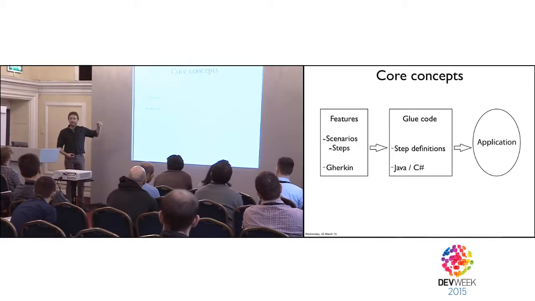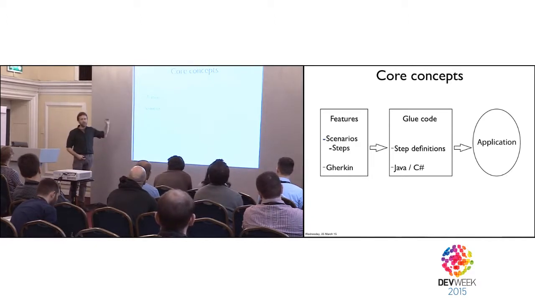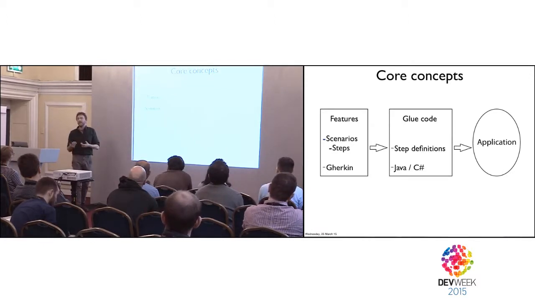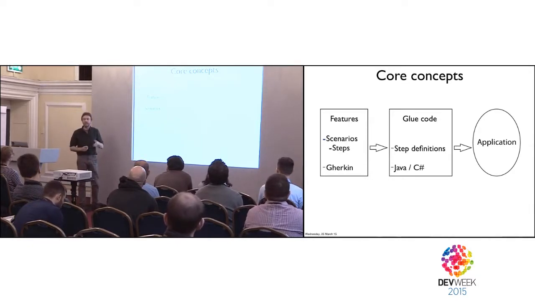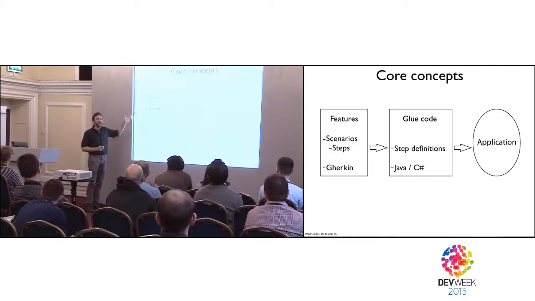Within each feature, there are one or more scenarios. A scenario is a word for an example of how the system is going to get used. You might think of it as a sort of mini use case. It's only one path through the system, so a scenario doesn't contain multiple branches. In that way, it doesn't map well to use cases. But it is essentially about a behavior of the system within this feature set.